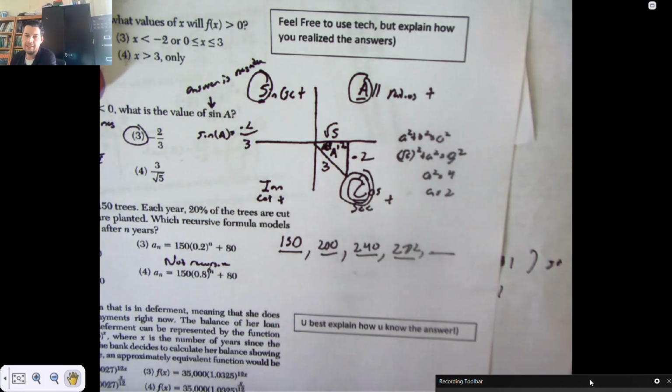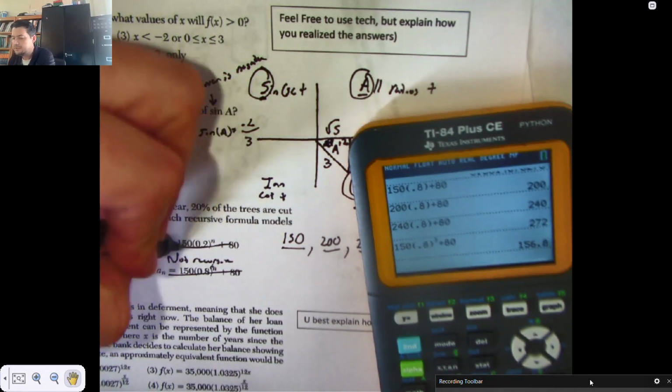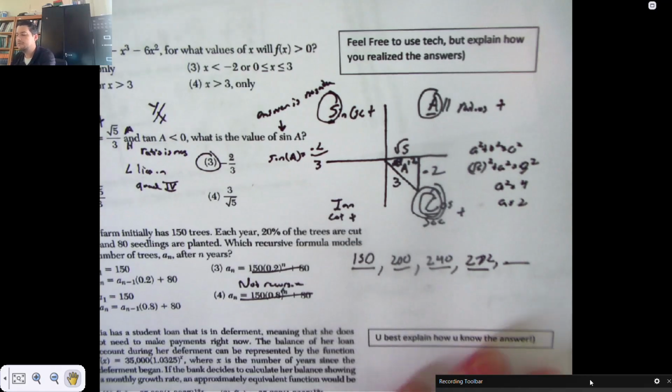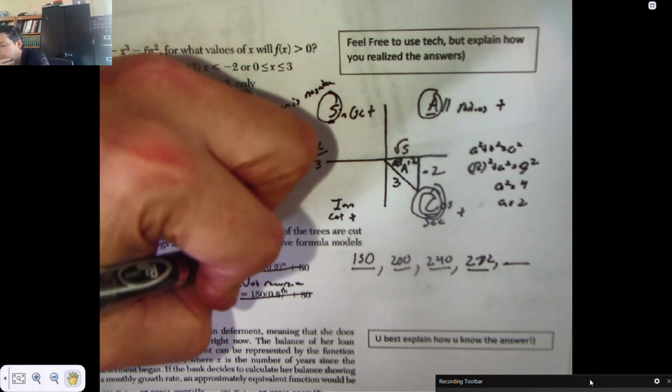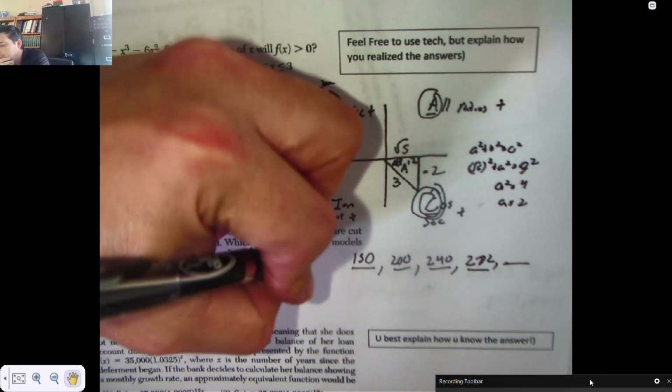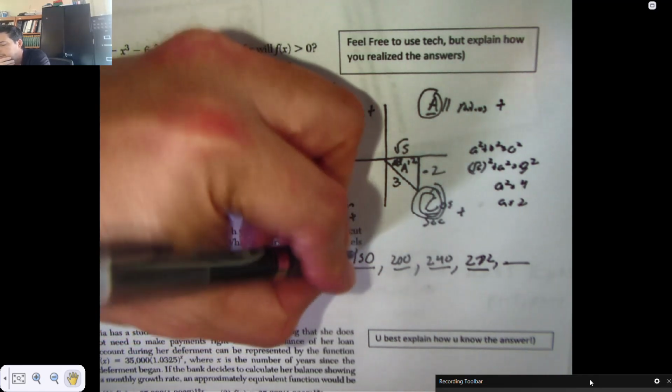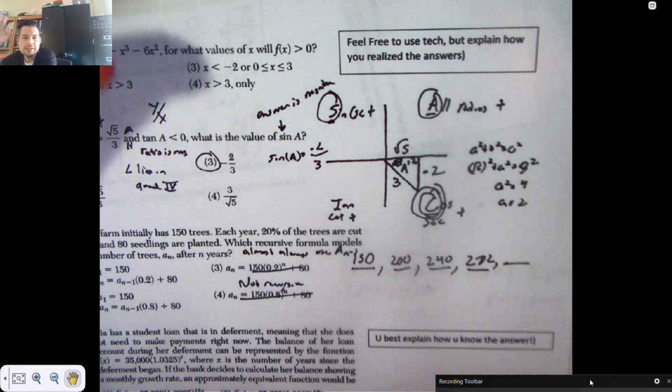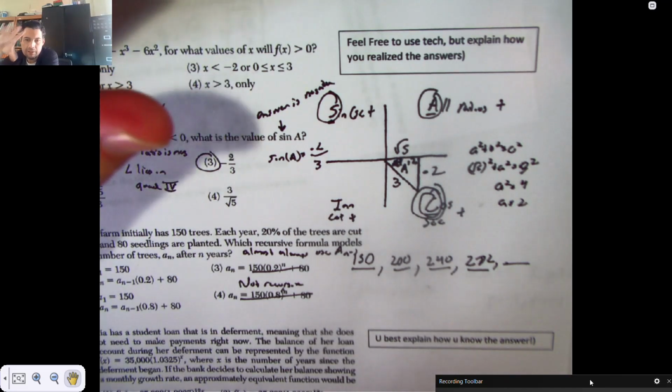That's not in anything down here. But these are not recursive. A recursive formula will almost always use a sub n minus 1. Sometimes they use things like a sub n minus 2 and a sub n minus 3. It just depends on how far back you have to go.